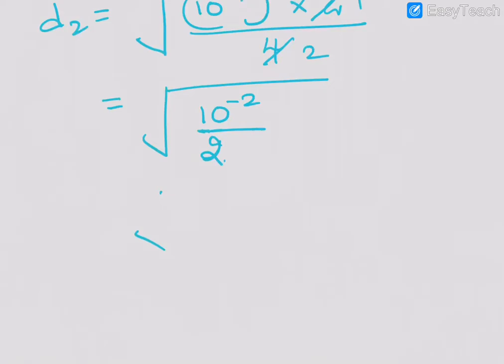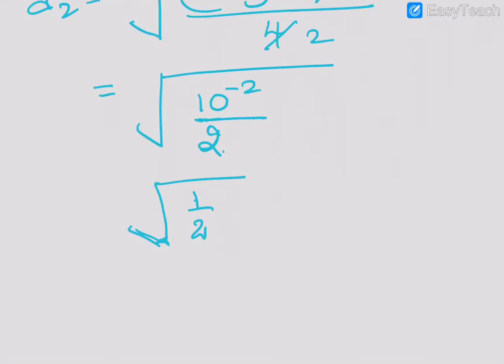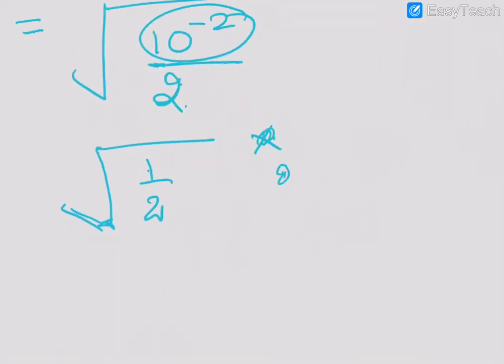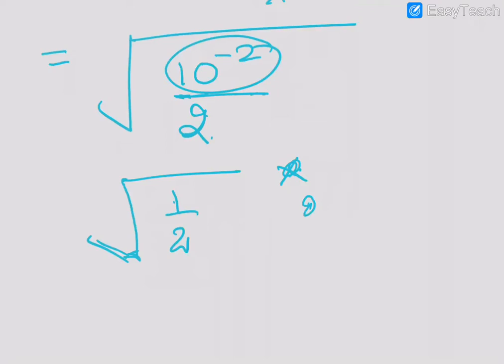So if I solve this, see, 10 raised to minus 2. Now here I can take 1 by 2, and from this minus 2 I know 1 will come out. From the minus 2, 10 raised to minus 1 I can take out of the square root, right?